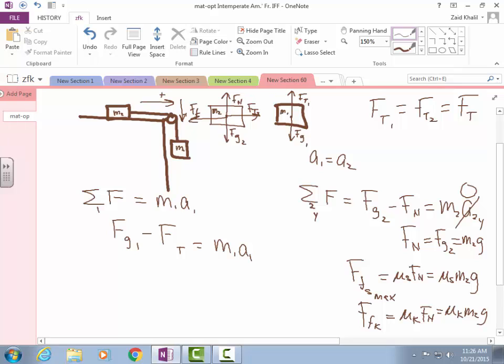Now we write Newton's second law in the horizontal direction for the table, mass, or for M2. And what do we have? Net force on 2 in the x direction, but let's not really distinguish it. It's M2A2, but that's equal to M2A1, correct? In other words, what did I just sub in? A1 equals A2. So what are the forces on this body?